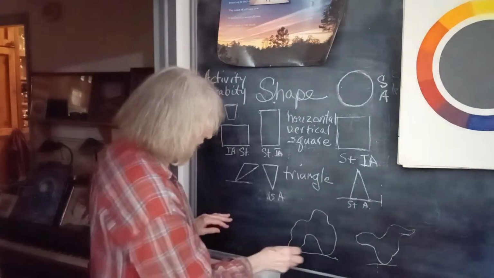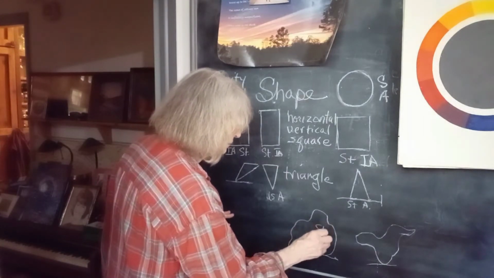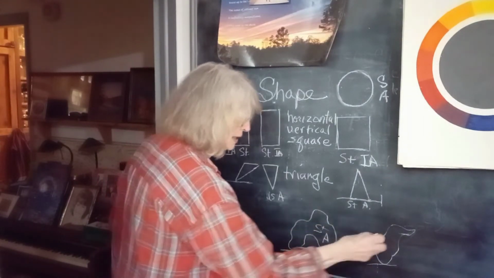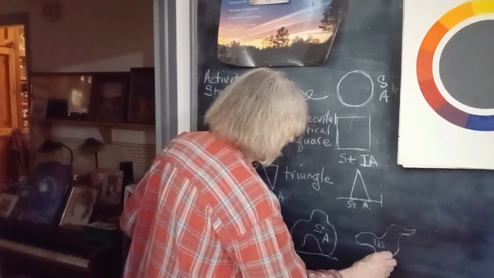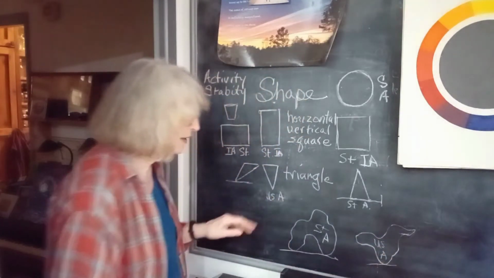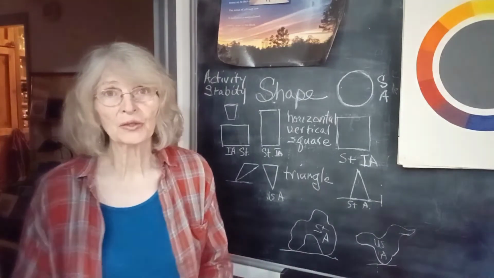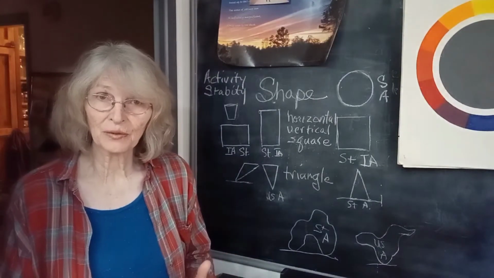So here we have stable, active, and here we have unstable, active. And that kind of explains to you what shapes do.